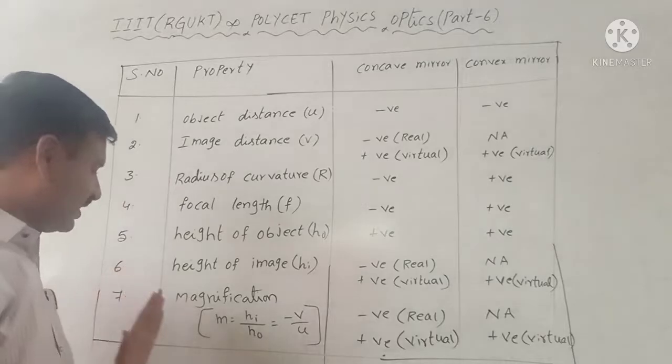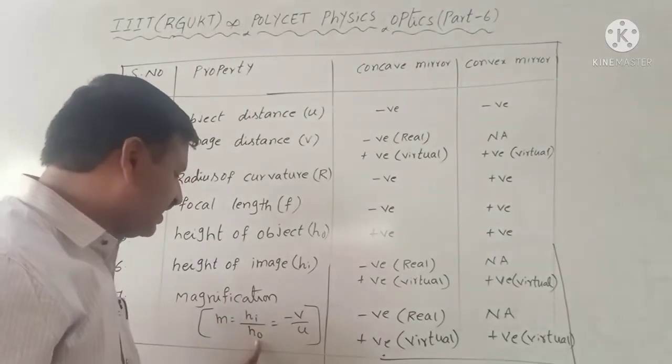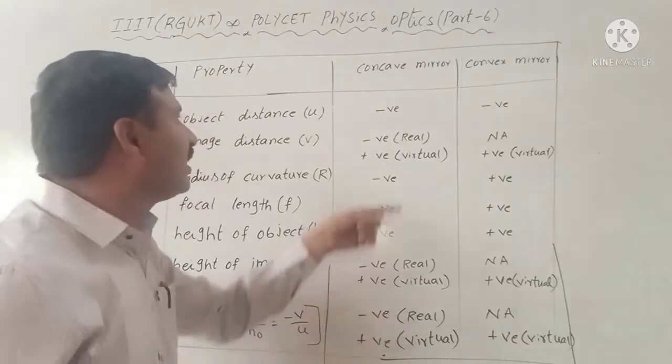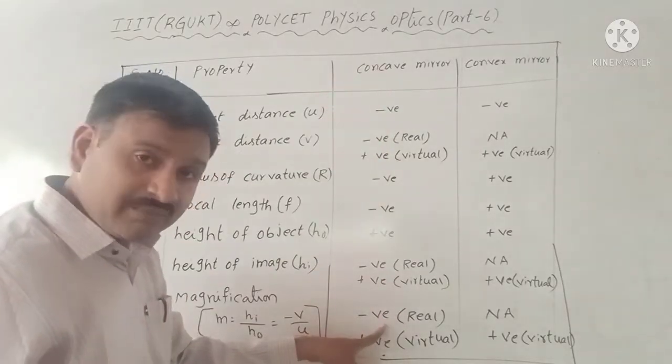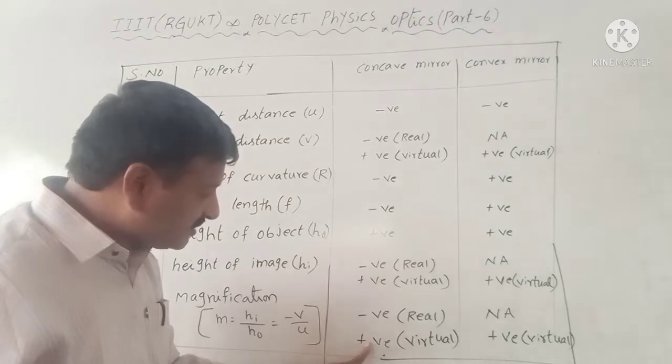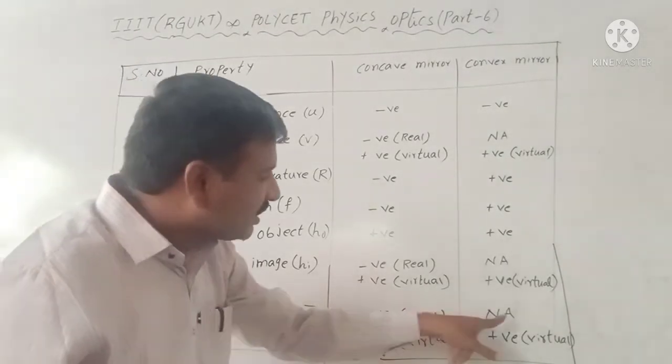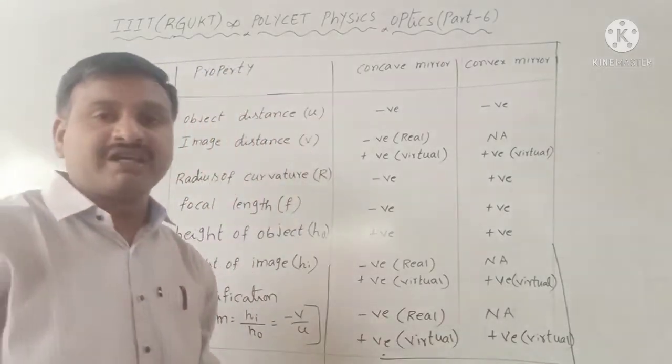Next, magnification m equals hi by ho, that equals minus v by u. Negative means a negative answer is coming, it is a real image. Positive means the answer is plus, it is a virtual image. Here it always forms virtual images.